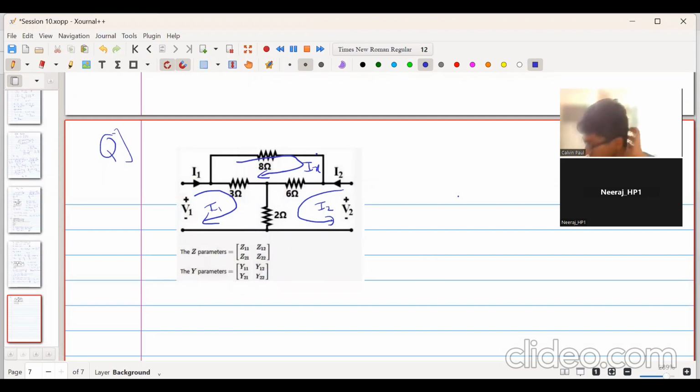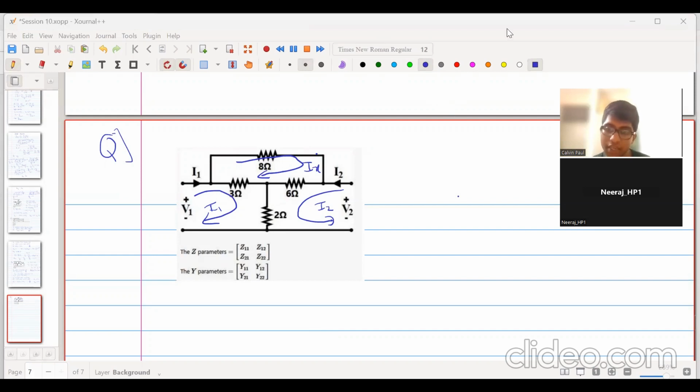Okay. So Neeraj, now we have found the current through the 6 ohm resistor, current through 3 ohm resistor we know. Current through the 8 ohm resistor is Ix. What will be the current through the 2 ohm resistor then? That will be I1 plus I2. Okay. Yeah. So now we are ready to apply KVL.